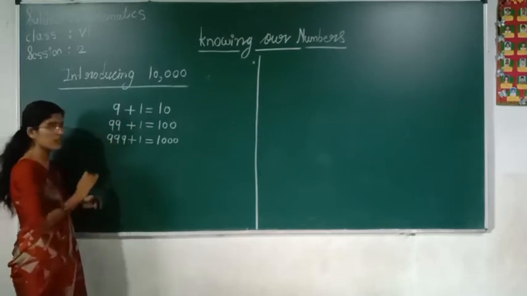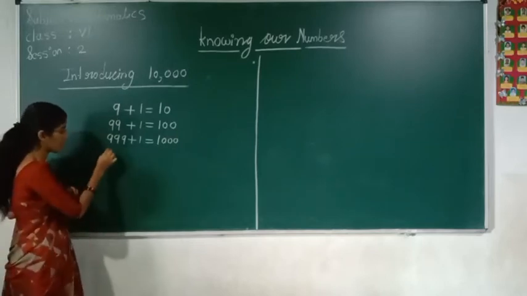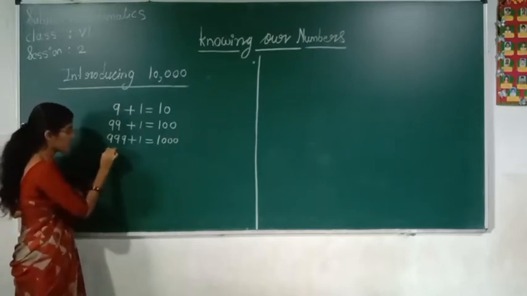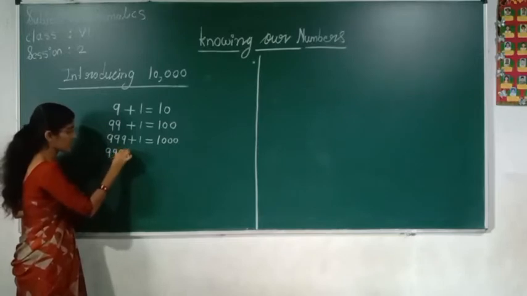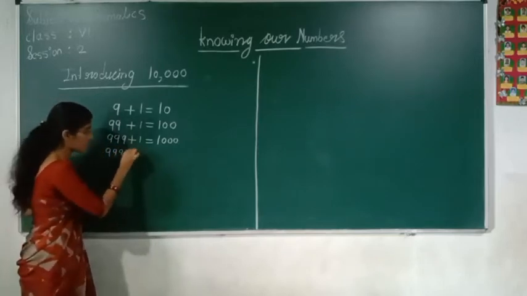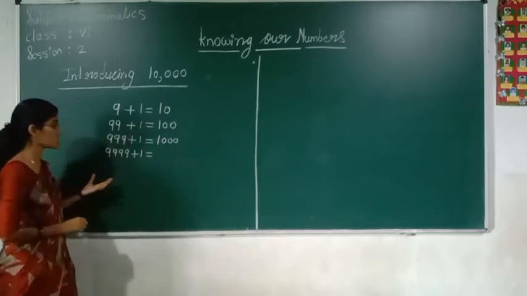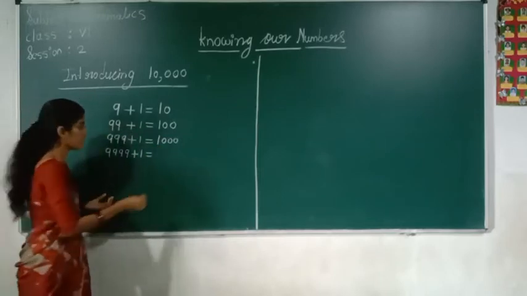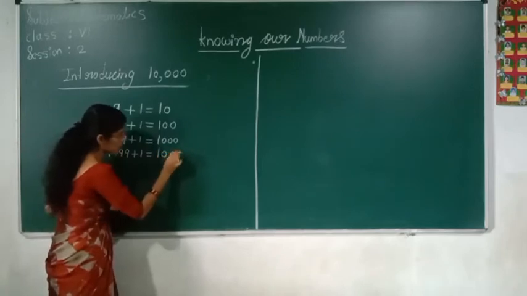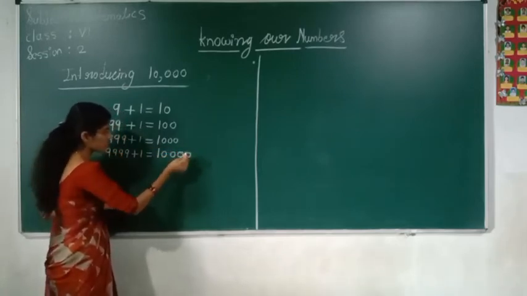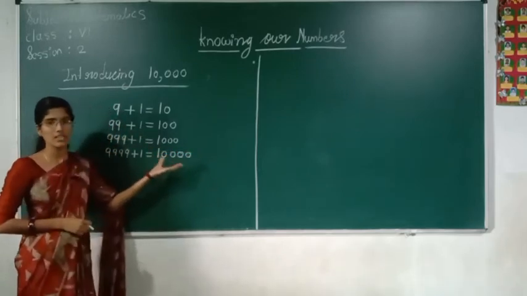If I take the greatest 4-digit number, that is 9999, and add 1, I am going to get the smallest 5-digit number, that is 10,000. So this number is nothing but 10,000.